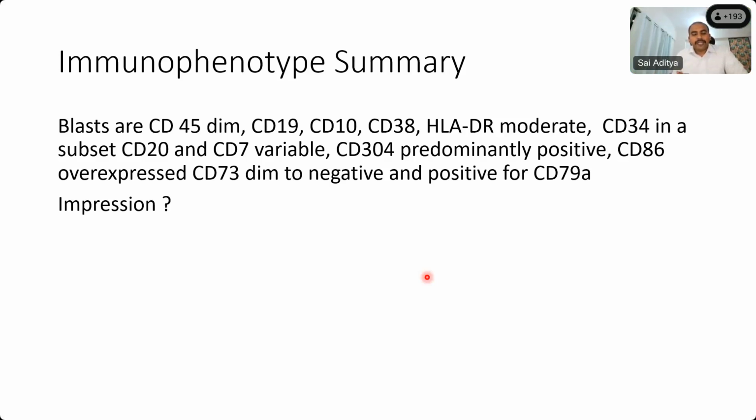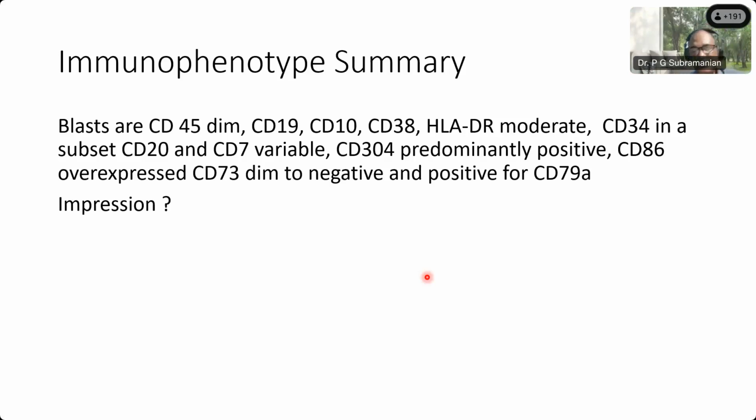If CD19 is bright, sir, then any one other marker, CD79A or CD22, if any of them is positive, then we take it as B cell lineage. And if CD19 is dim, then we take two additional markers, that is CD79A and cytoplasmic CD22. Okay. So good. So this is the way it is.